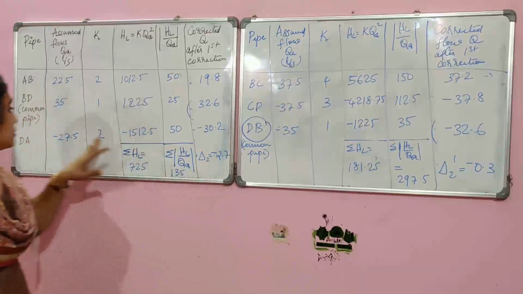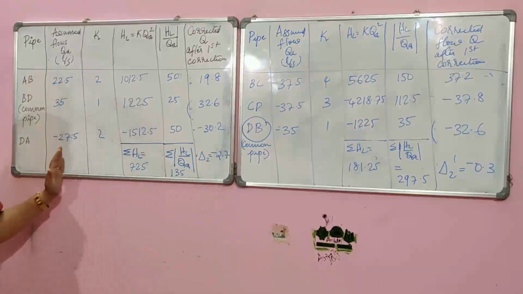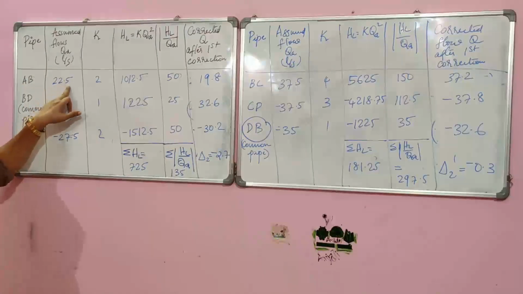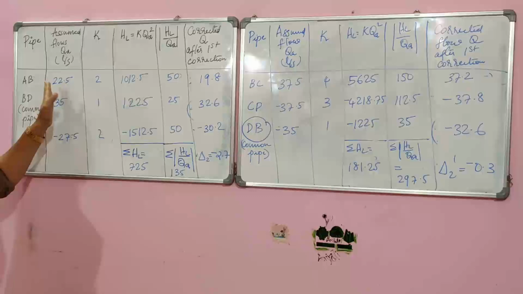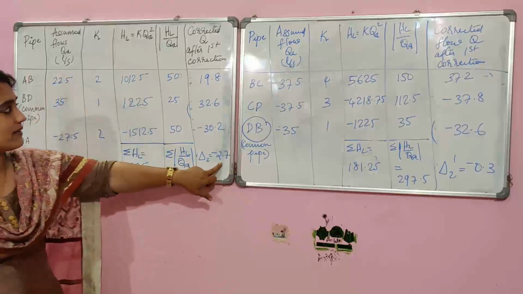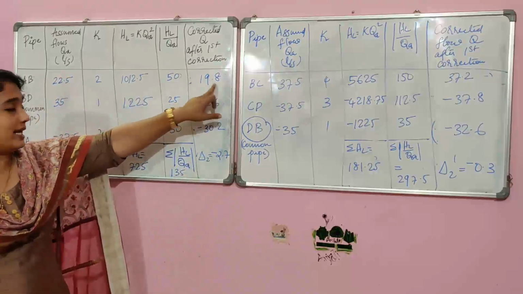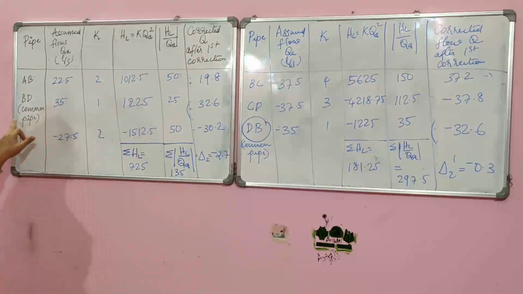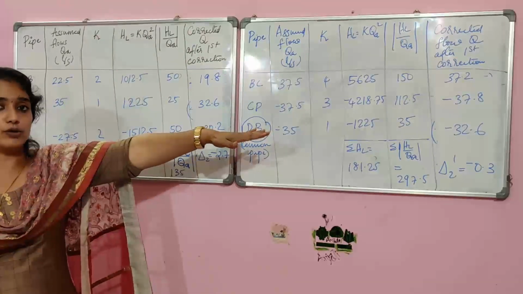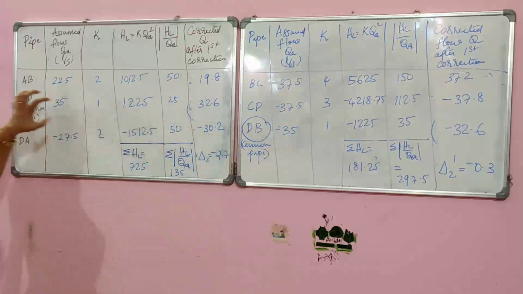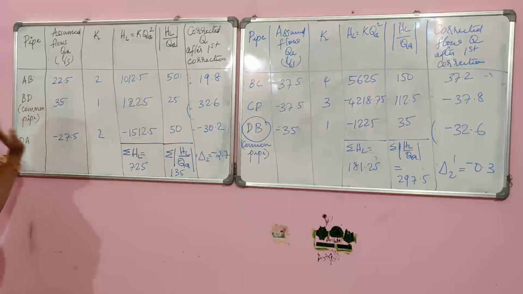Add these corrections to the assumed flow in the column, that is 22.5 plus minus 2.7, that is 22.5 minus 2.7, that is 19.8. Then 35 is a common pipe, so you have to consider the second loop also, and only then can you calculate the flow correction for the common pipe BD.